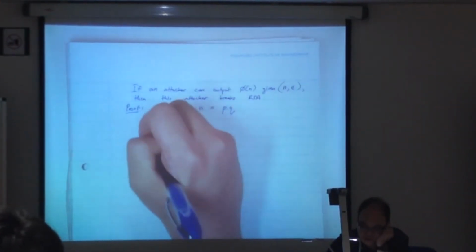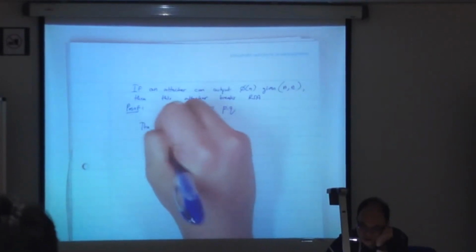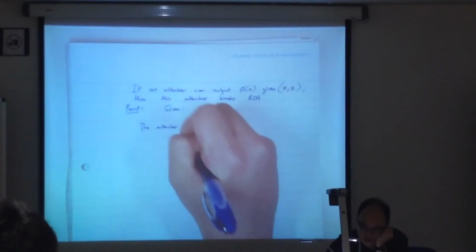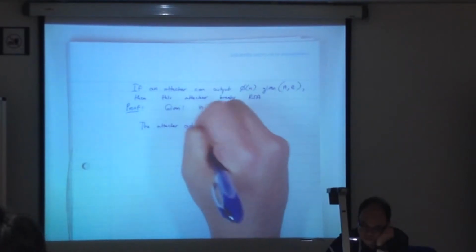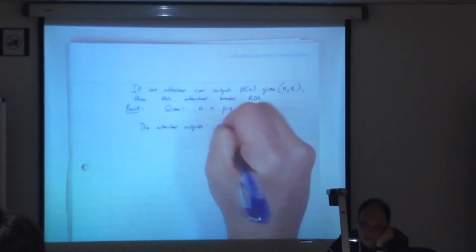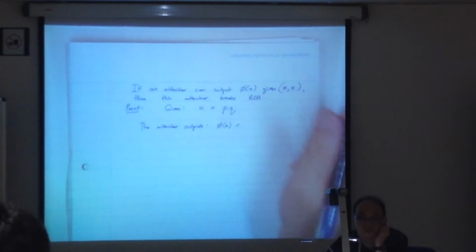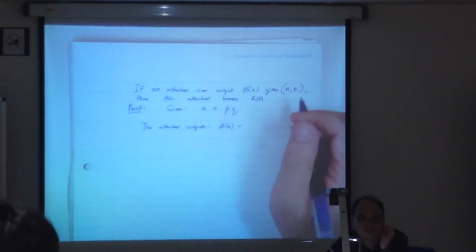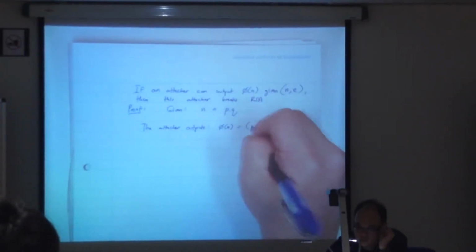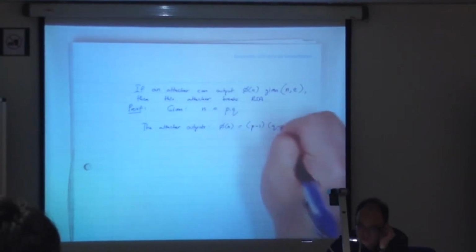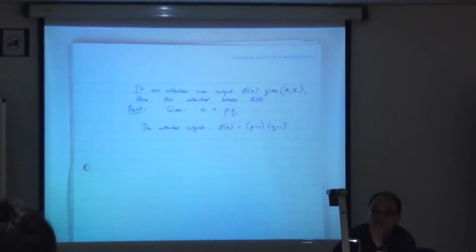That means the attacker outputs phi n somehow. You ask me how, we don't know, because we assume. Suppose the attacker can output this one.